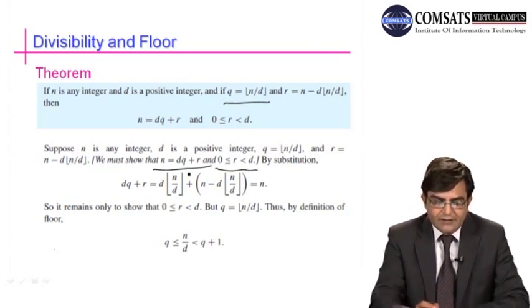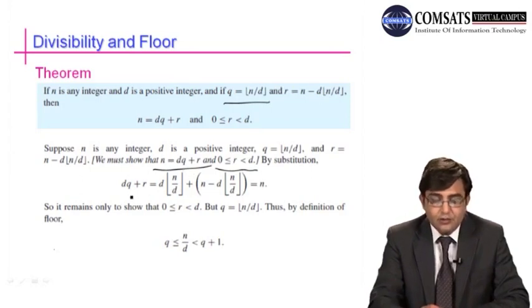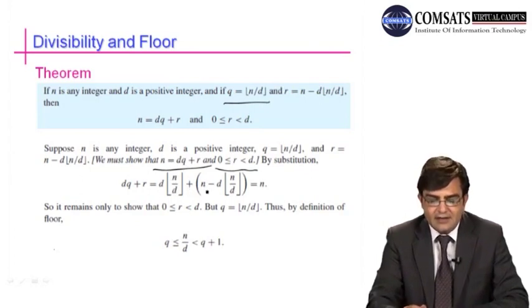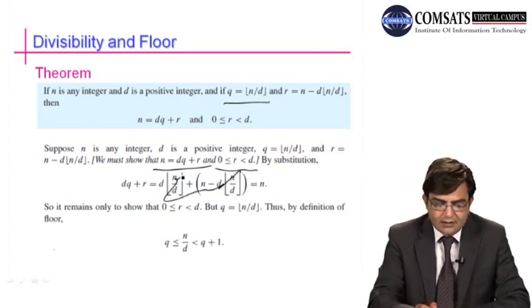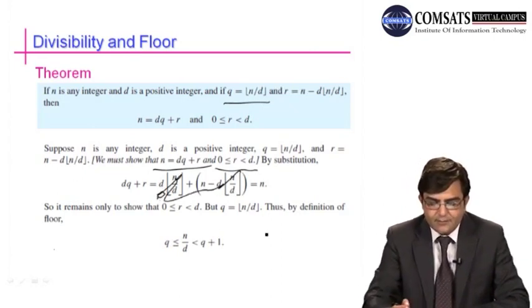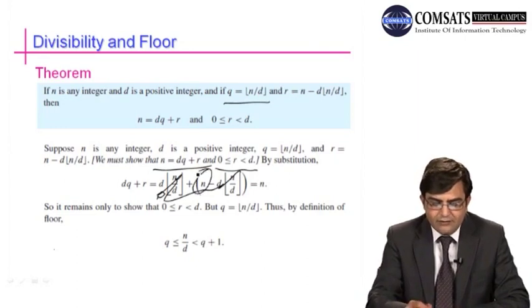If we take the left hand side, dq plus r, q can be written as the floor of n by d, plus r, which is n minus d times the floor of n by d. If we simplify this, this will be cancelled out with this, and we are left only with n.